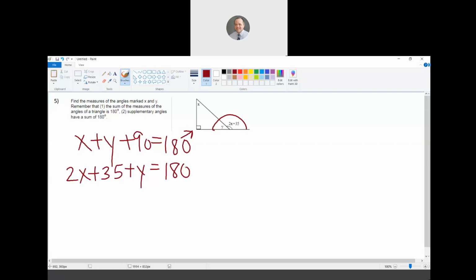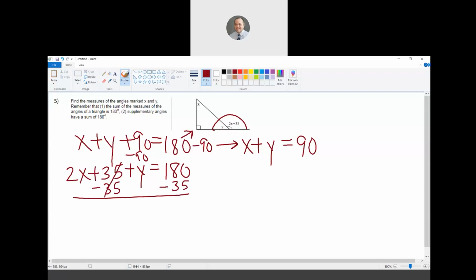For our first equation, we'll subtract 90 from each side and get x plus y equal to 90. Our second equation, subtract 35 from both sides. And that gives us 2x plus y equal to 145.